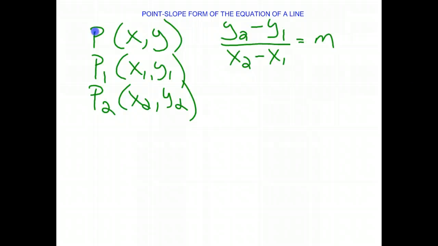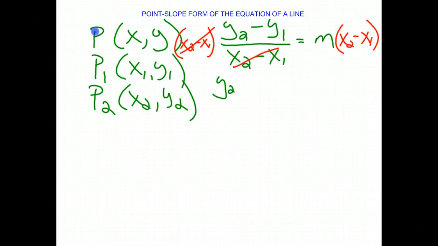Now, if I were to take this equation and multiply both sides of this equation by the denominator, what's going to happen? Well, the denominator will cancel over here, and the other side will just stay the same pretty much. So I'll get y2 minus y1 equals the slope, x2 minus x1.